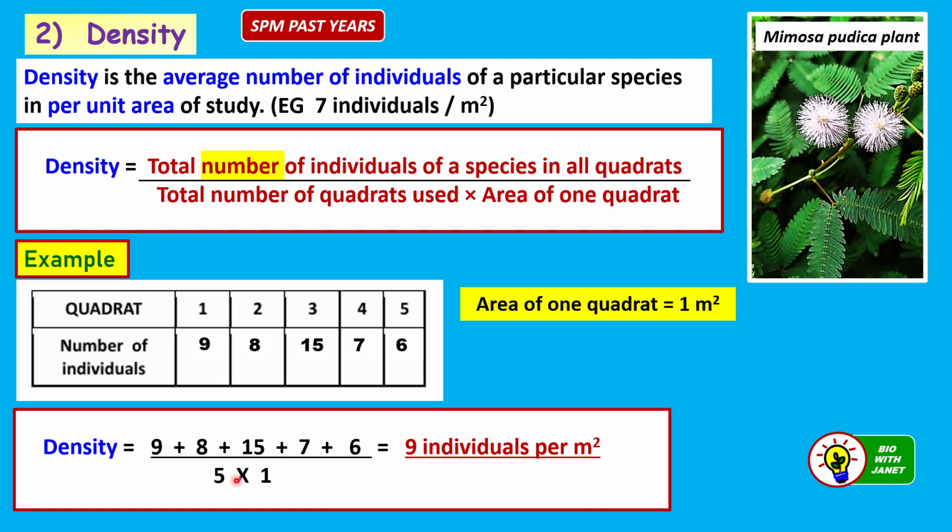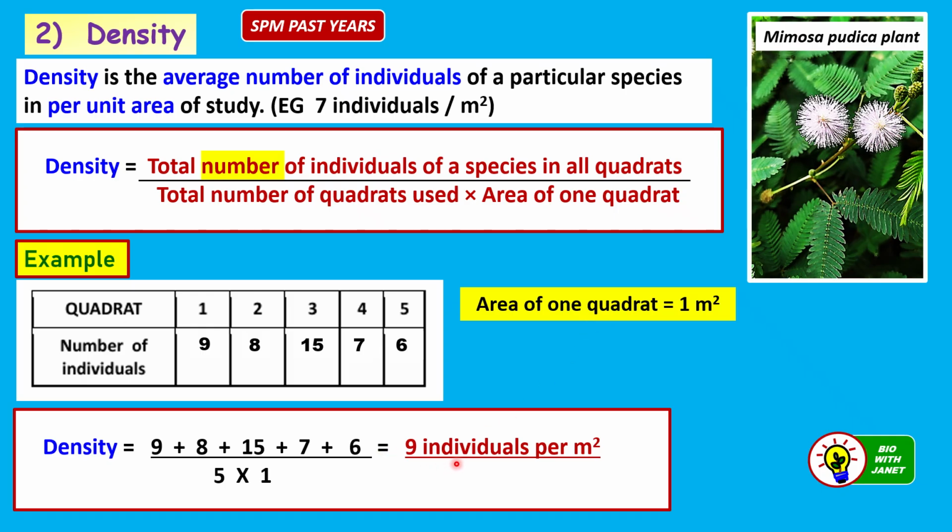Even if one quadrat has 0 plants, you still have to count it in. But in this case, all of them have the plant. Anyway, you use 5 quadrats. Divide by 5 times 1 meter squared, because that's the area of 1 quadrat.